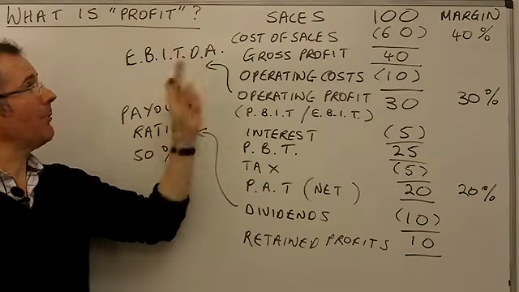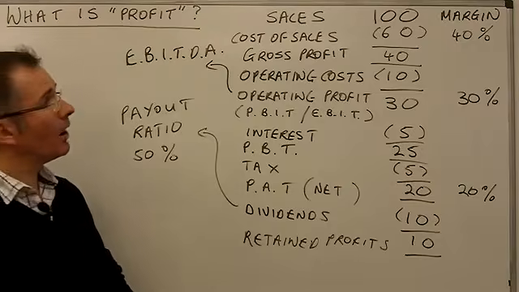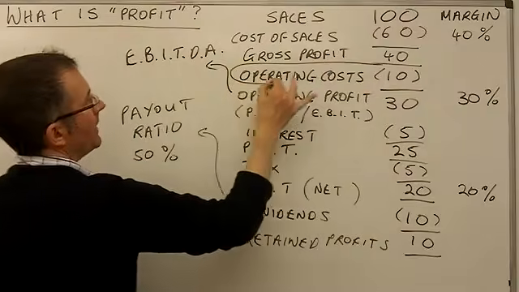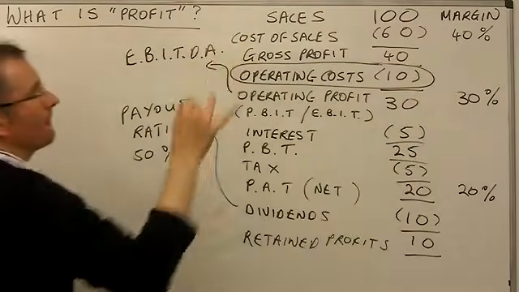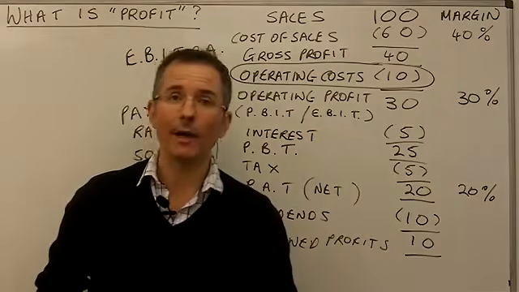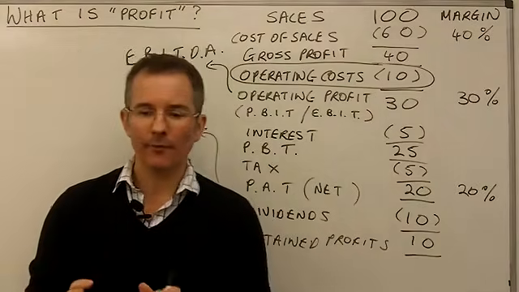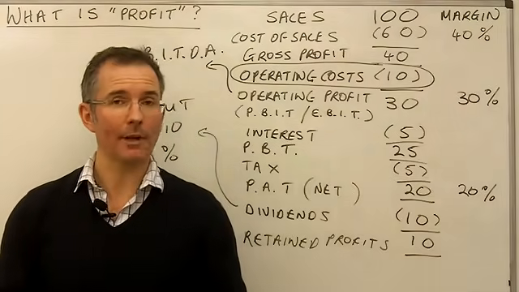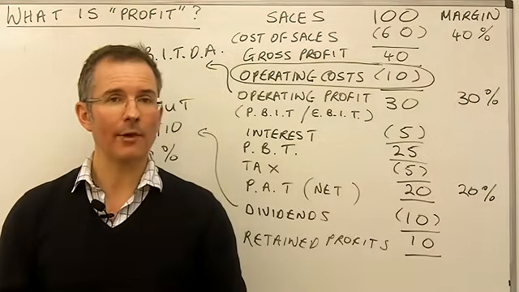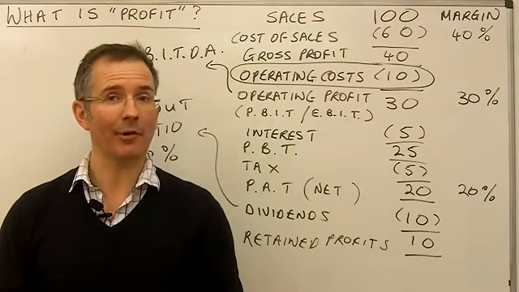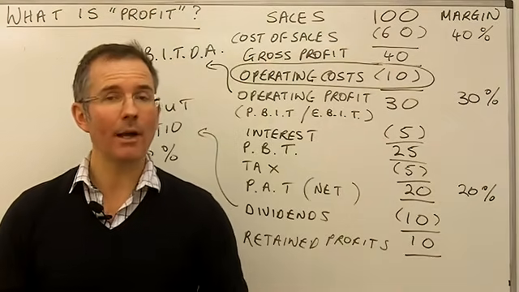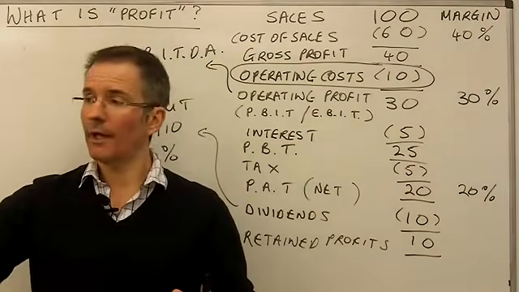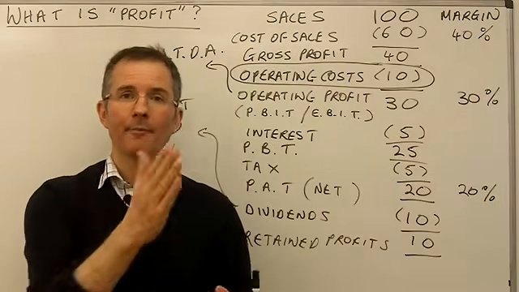Now, depreciation and amortization, in a nutshell, are costs buried in here normally that reflect the wearing out of a company's assets. In other words, if I buy a delivery van, for example, as a company, and I think I can make sales from it for 10 years before it collapses in a heap, I might choose to write off 1/10 of its original cost each year through the profit and loss account.